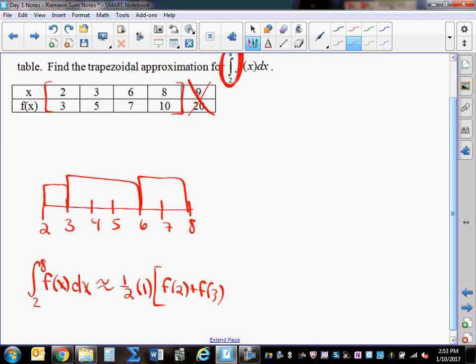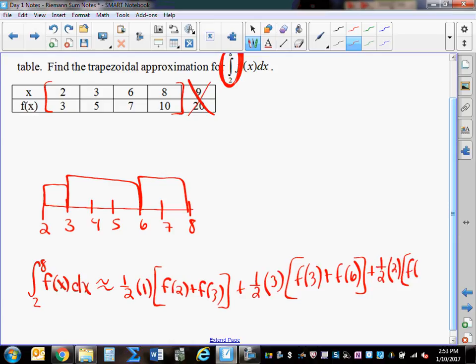That's your first trapezoid, plus 1/2 times your width here, which is 3, times f of 3, plus f of 6, plus 1/2 times your width here, which is 2, times f of 6, plus f of 8. Oh wait, we actually would have to substitute in the values, sorry. We have these actual values, substitute them in. And then you could simplify, but not necessary.